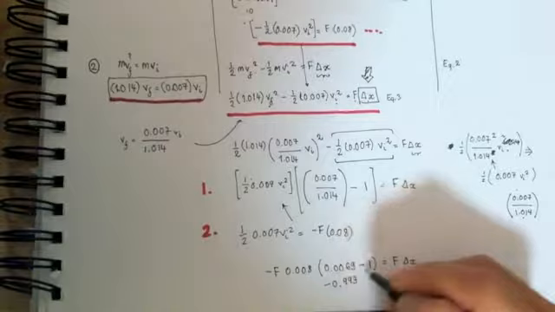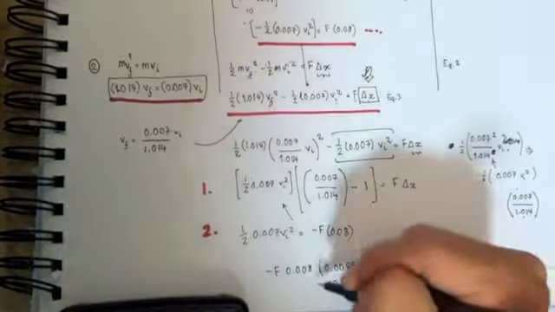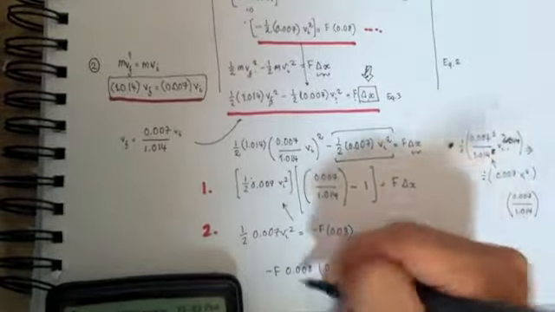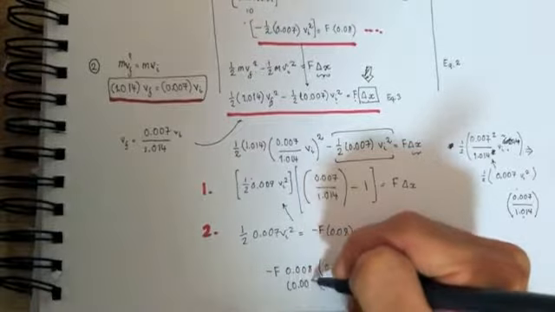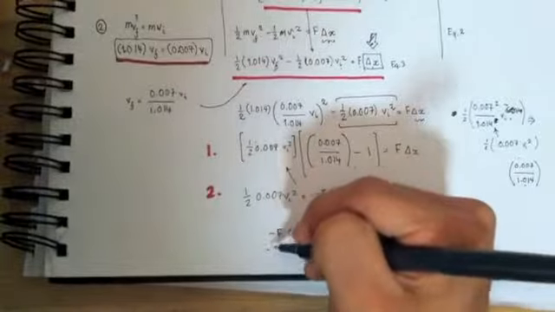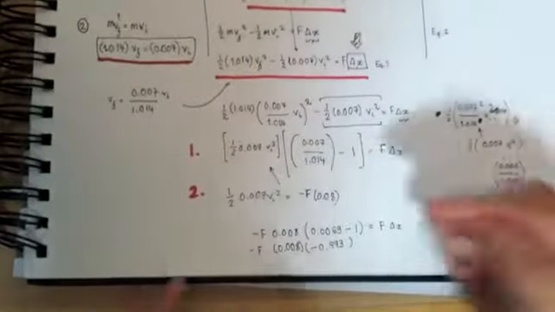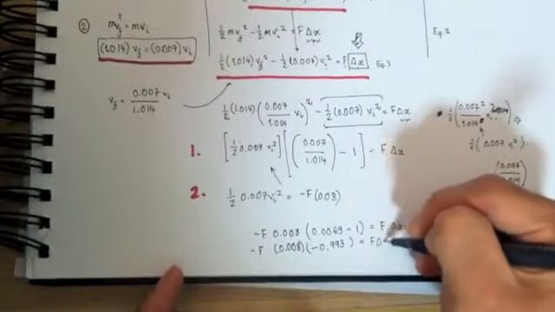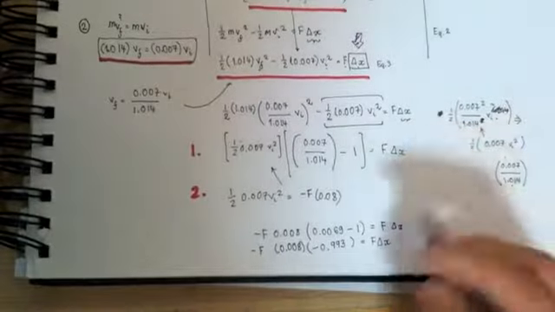And so that multiplied by 0.008, negative f equals f delta x. Just to be very explicit, we want to find delta x.